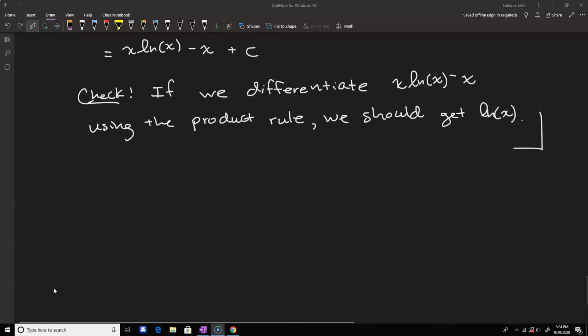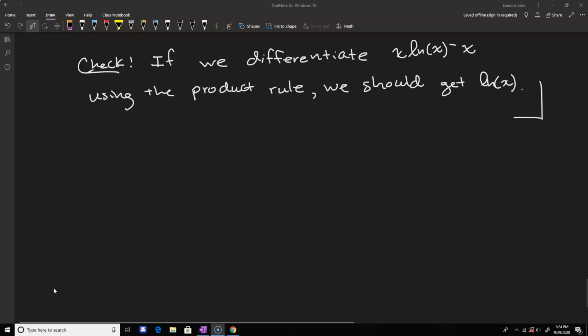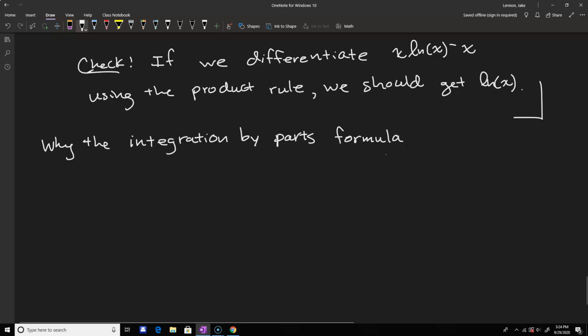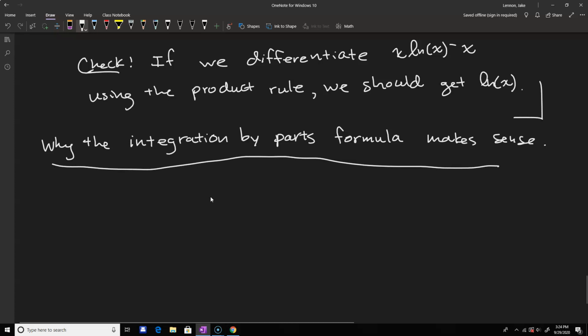So just finally, let's talk about why the integration by parts formula makes sense. This is just a sketch, but let's recall what the product rule was.